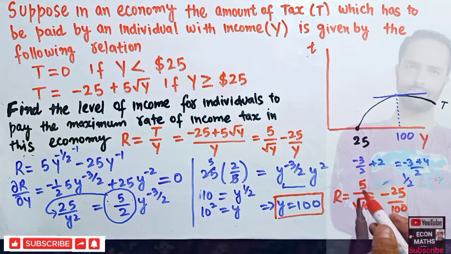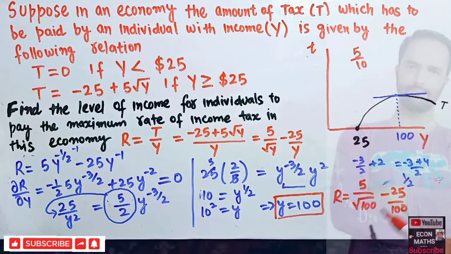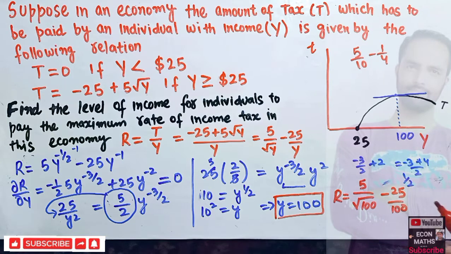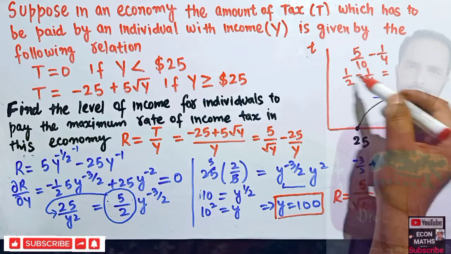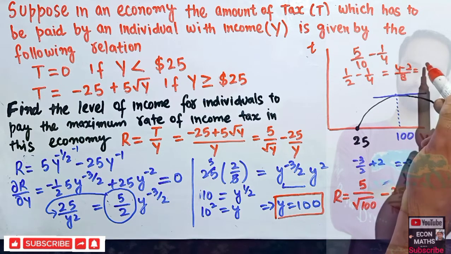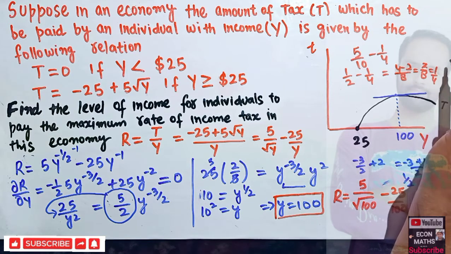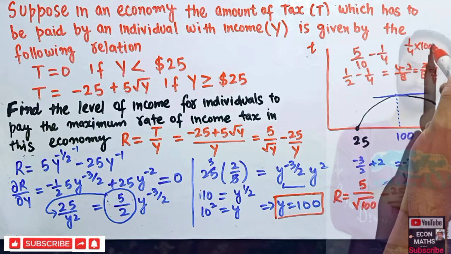Solving this, it will become 5 upon 10 minus 1 upon 4, which is 1 upon 2 minus 1 upon 4. So this is 4 minus 2 upon 8, which is 2 upon 8, which is 1 upon 4.